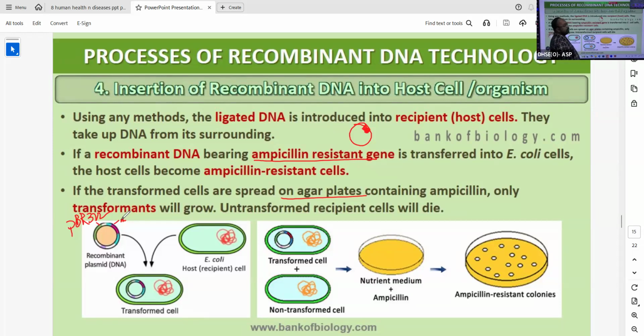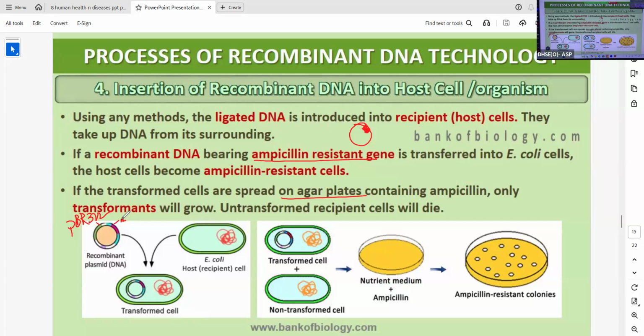Because those which are recombinant have the ampicillin resistant gene inside them, so only they will survive against ampicillin. The remaining ones will be affected, and this implies they will be killed or they will die, because ampicillin is an antibiotic.